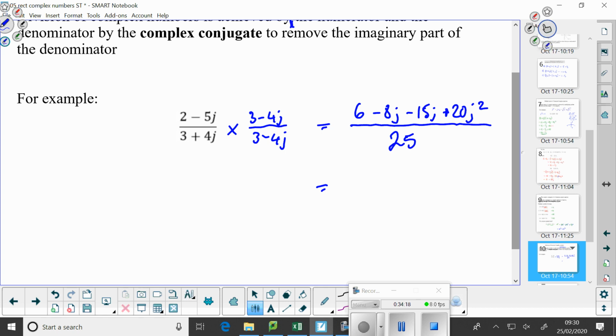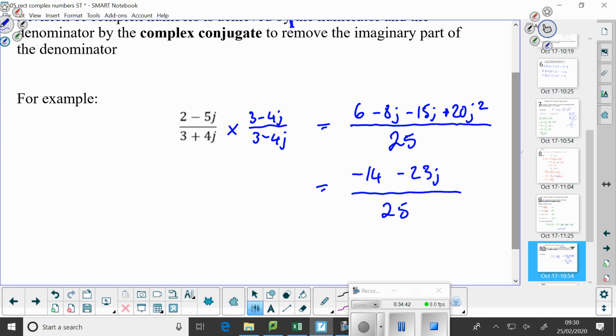So we've got that j squared changes that sign to a minus. That's 6 minus 20, minus 14. Minus 8 minus 15, minus 23, all divided by 25.